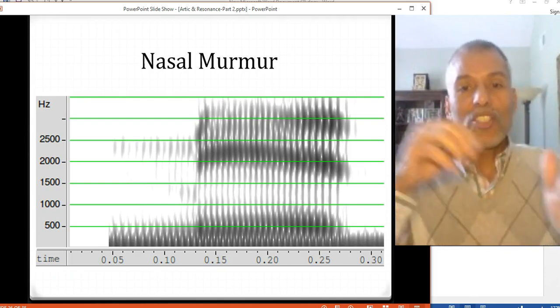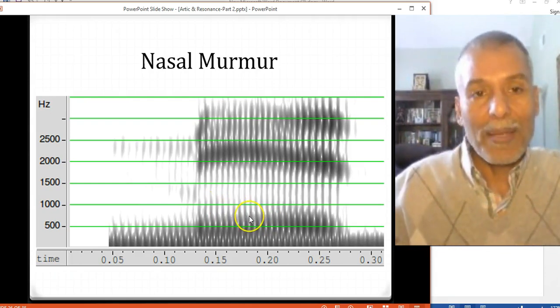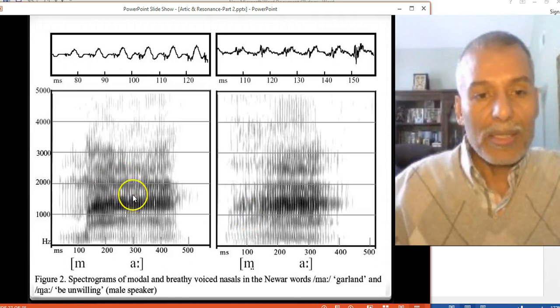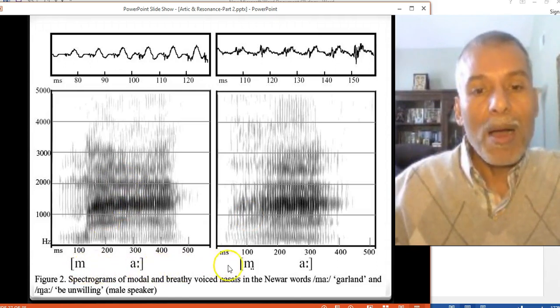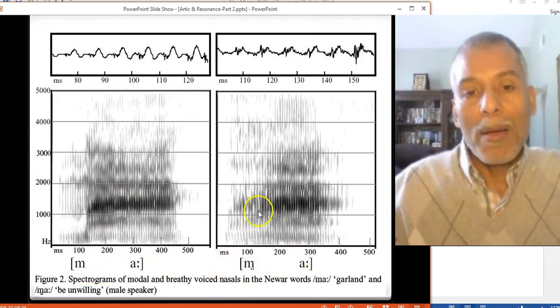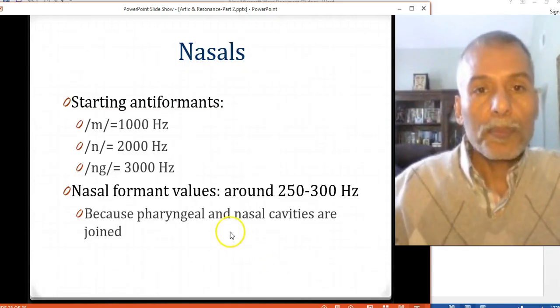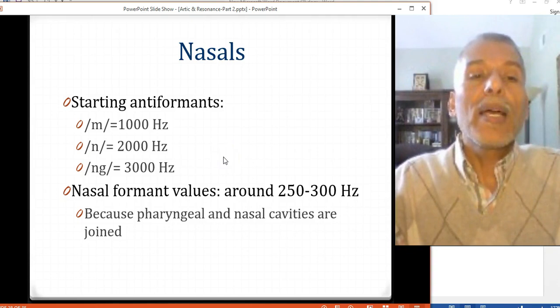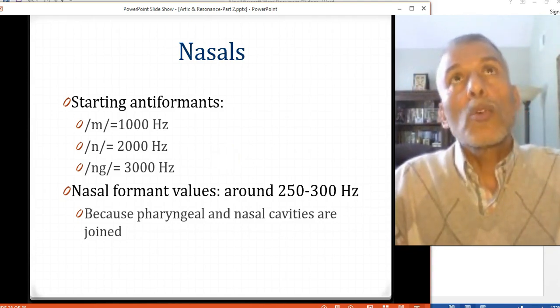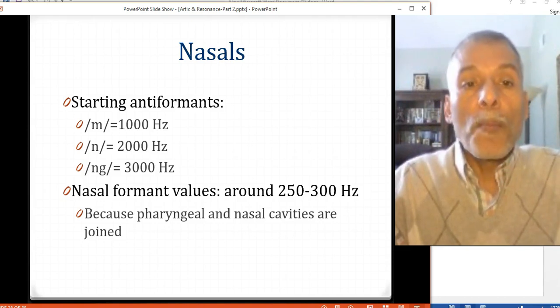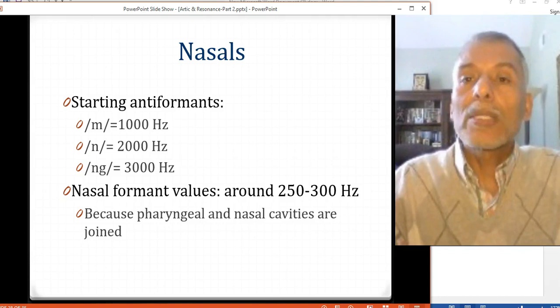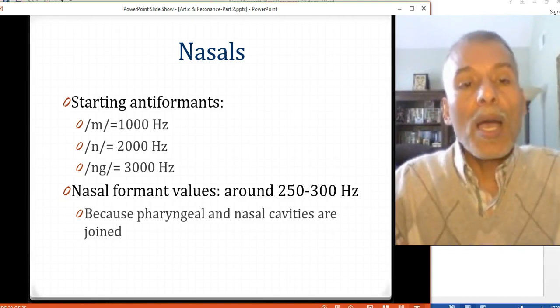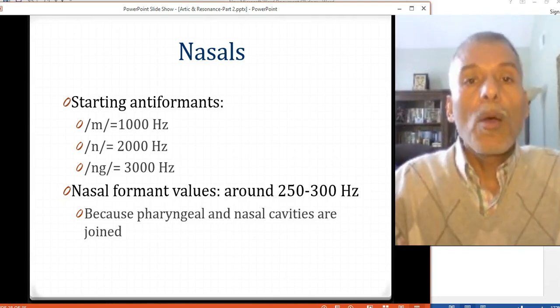That means energy is dissipating, is weakening. And here you can see more, as I say, ma or na here. So the antiformants start to emerge at 1000 hertz for the m, at 2000 hertz for the n, at 3000 hertz for the ng.